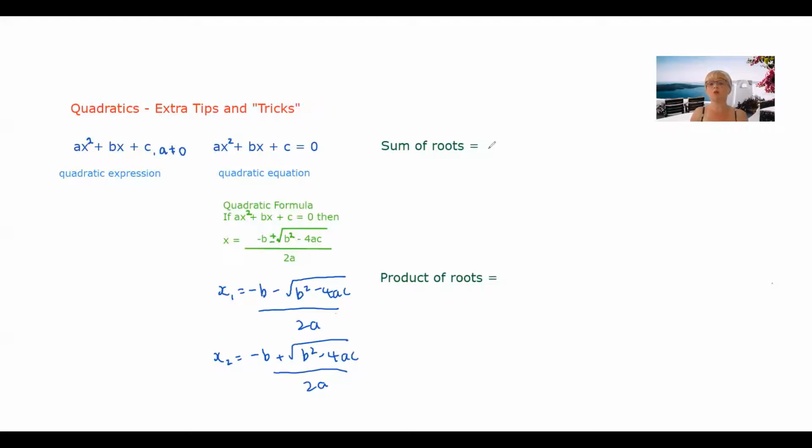Let's just think about what those two roots would add to give. So if we have x1 plus x2, we've got our negative b minus square root b squared minus 4ac on 2a, plus our negative b plus square root b squared minus 4ac, all on 2a.